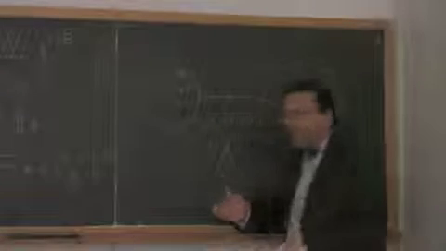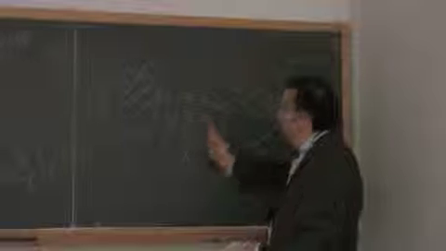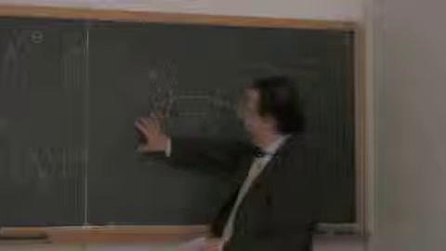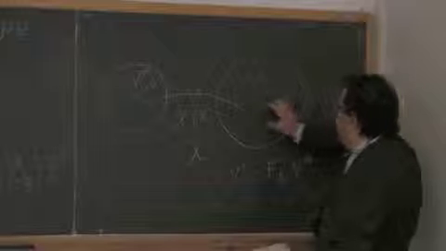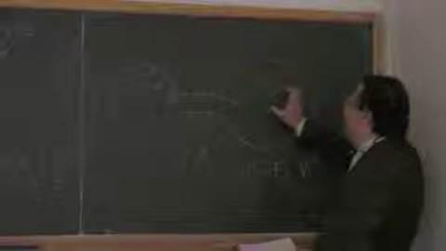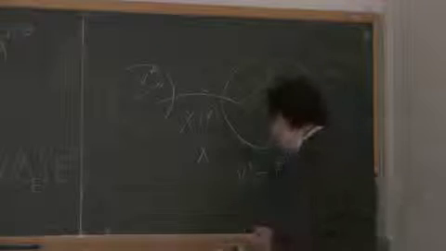So let us particularize in continuum mechanics, and let us go back to our standard picture. So you have reference configuration, the vectors in the reference configuration, actual configuration and vectors in actual configuration.